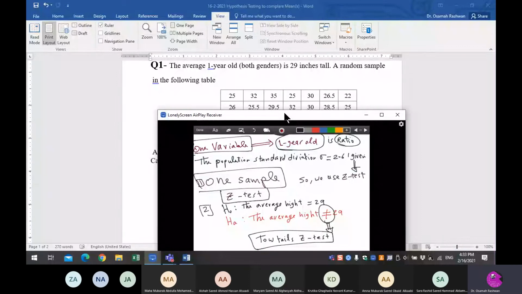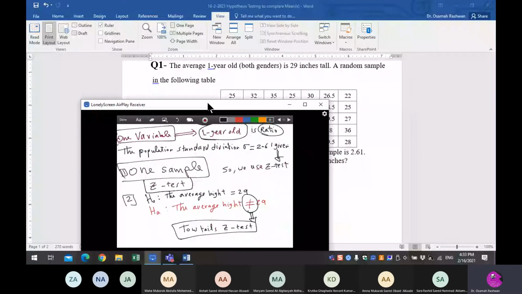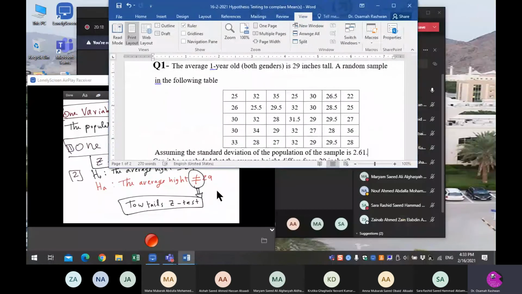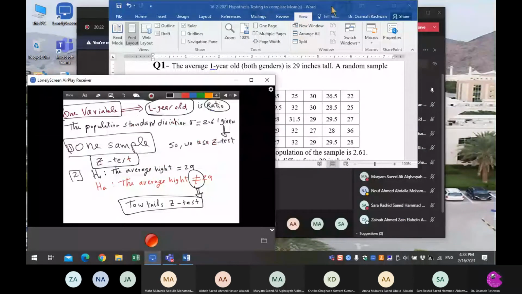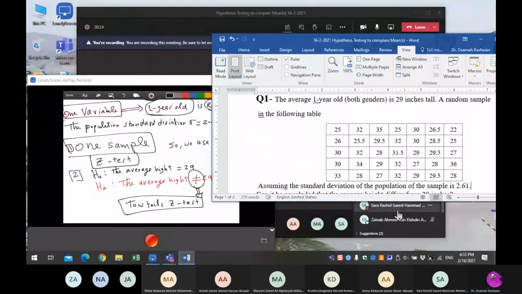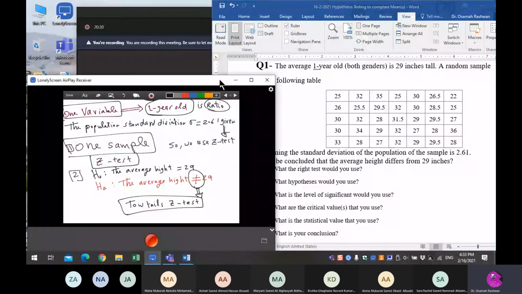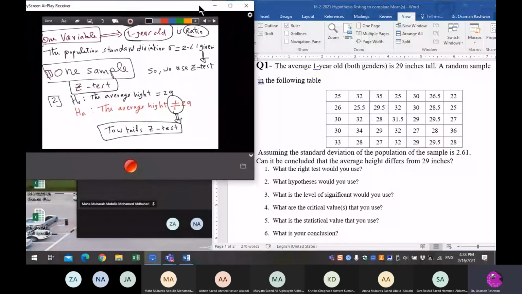Okay, fine. Now I'll go for question number 3. What is the level of significance? Are you given the level of significance in the question or not?